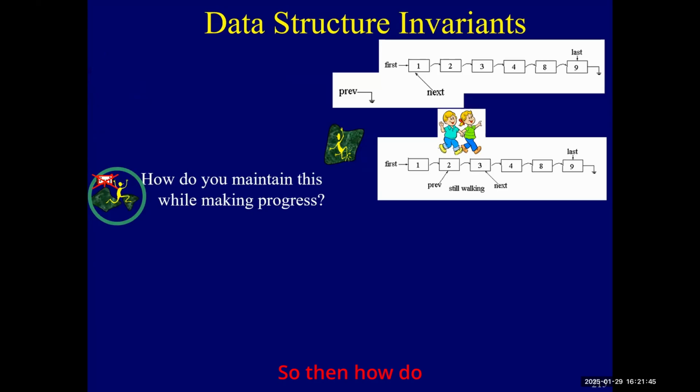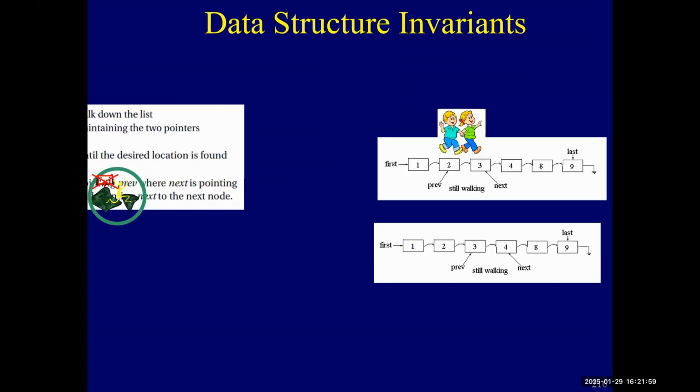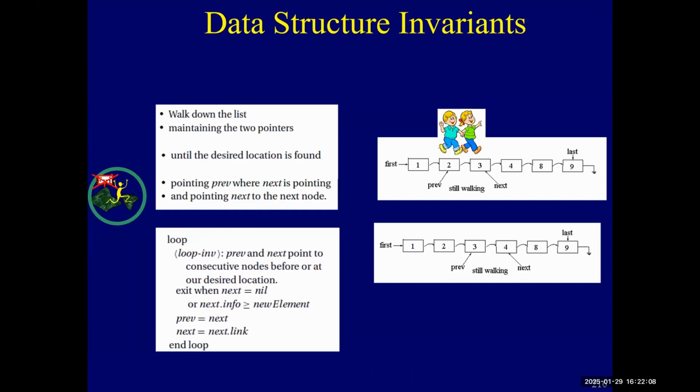So then how do you make progress? Well, you take a step. So we go from 2, 3 to 3, 4. Everybody good? So we're going to walk down the list, maintain these 2 pointers until the desired location is found.